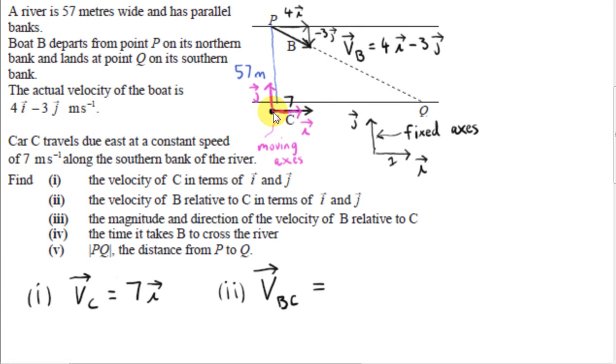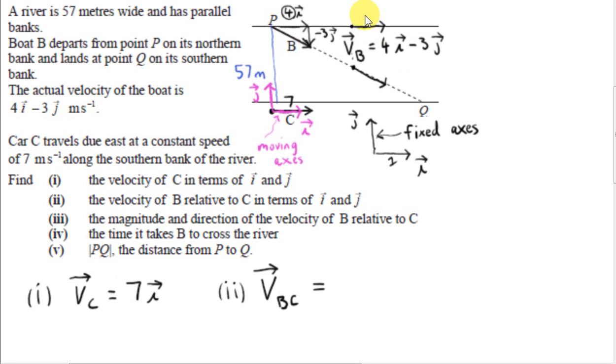The car is moving to the right with a speed of 7 meters per second, but notice that the horizontal component of the boat's velocity is 4. So the boat is moving along this dotted line. Let's see what happens when the boat gets here. We can imagine the projection of this point onto the horizontal, or the positive i-axis. We project vertically onto the horizontal.